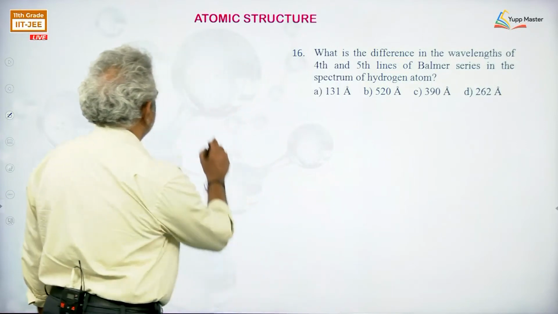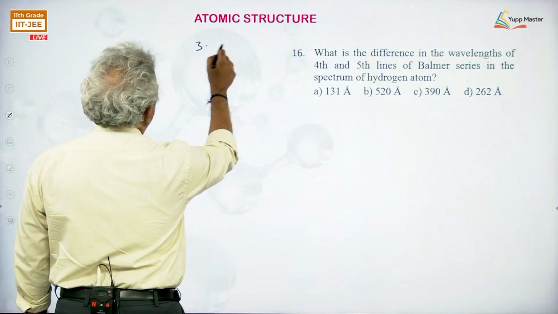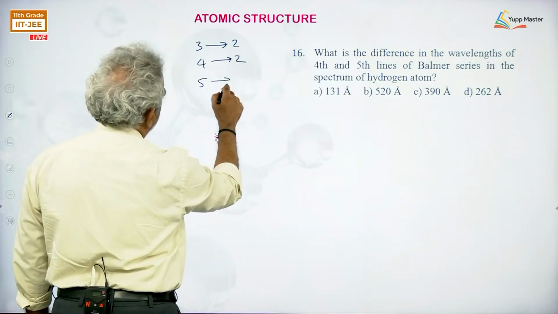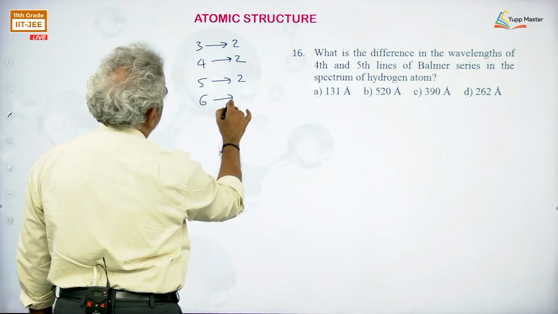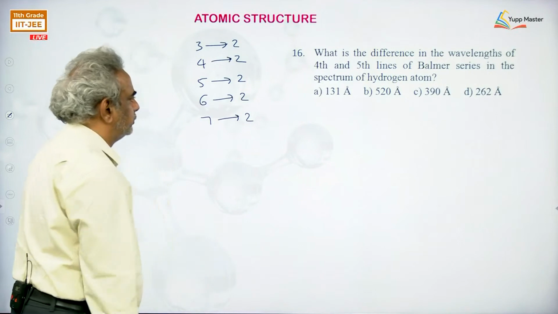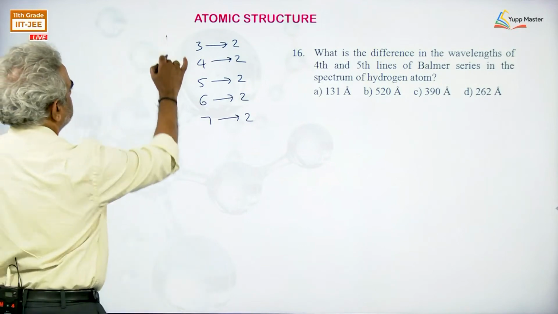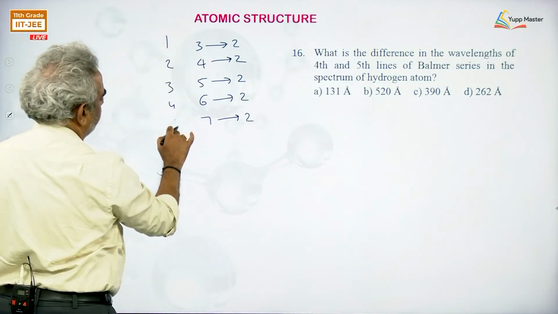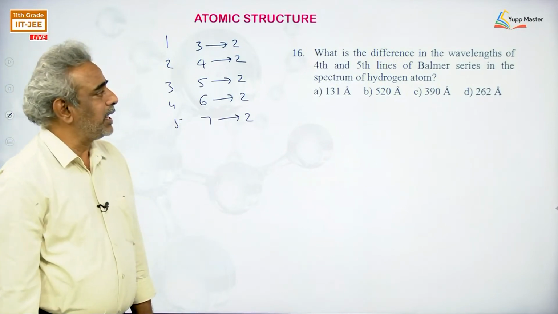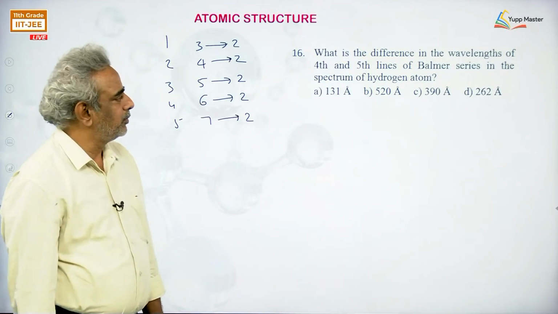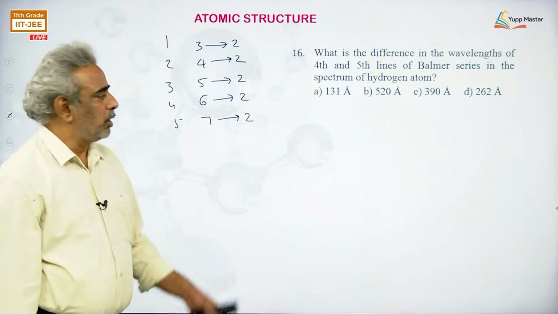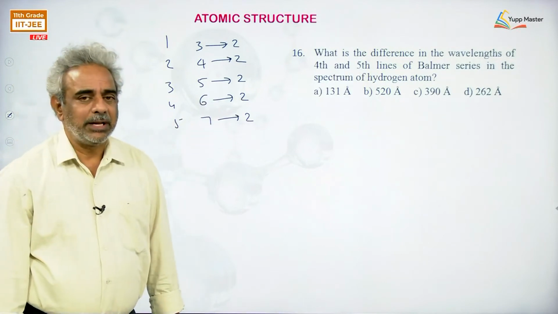So, Balmer series means what? 3 to 2 first line, 4 to 2 second line, 5 to 2 third line, 6 to 2 fourth line, 7 to 2 fifth line. He is asking the difference in the wavelengths of the spectral lines. So, you have to separately calculate the wavelengths and then work out.